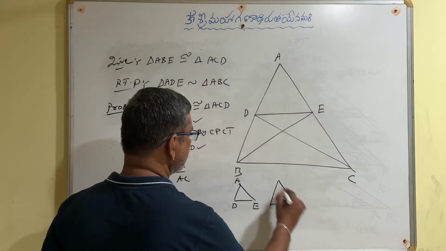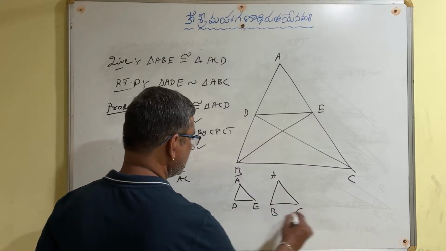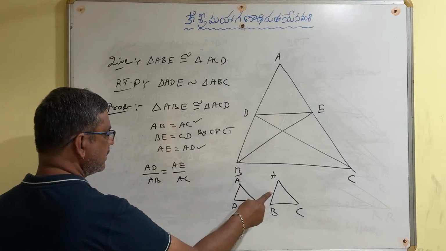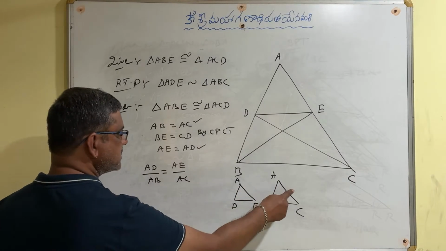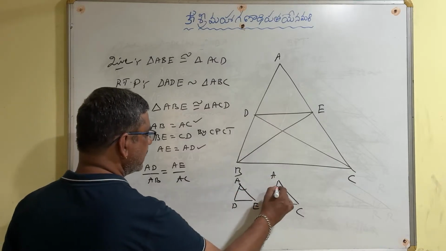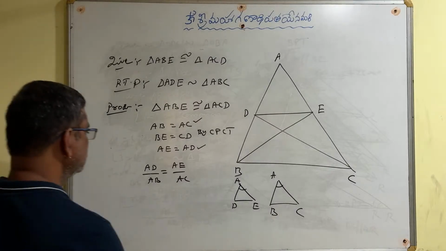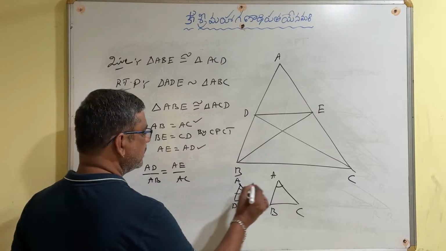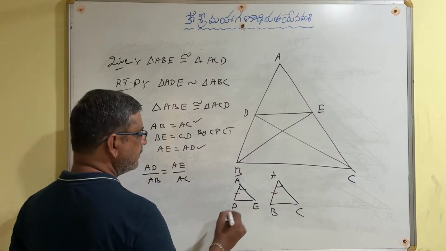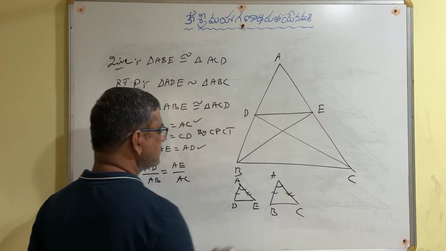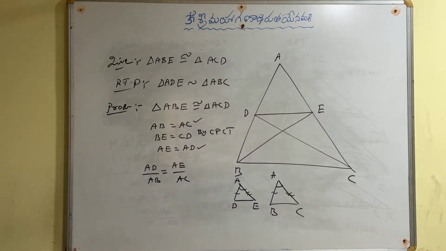Now, draw triangle ADE and ABC separately. AD by AB equal to AE by AC and angle A common in both the triangles. This side by this side equal to this by this and angle A common.